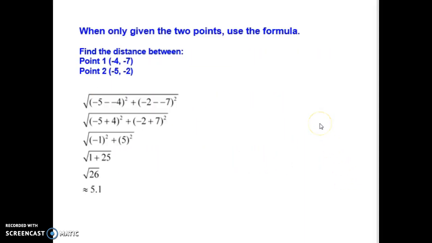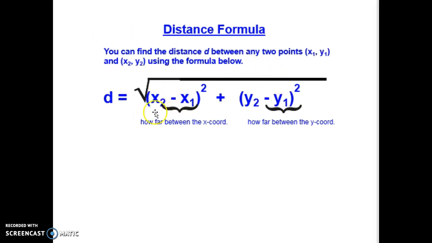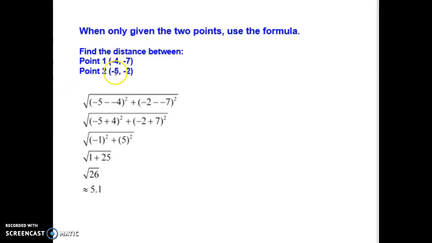So again, here's another example. When you're given only 2 points, we're going to use this formula. Find the distance between point 1, (-4, -7), and point 2, (-5, -2). Based on what we've already done from this formula, we're going to look for x2 minus x1. So x2 is this -5, and x1 is the -4.